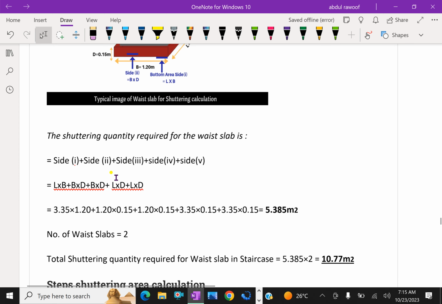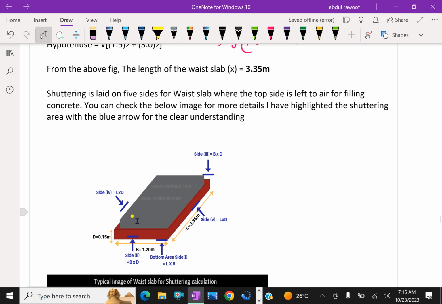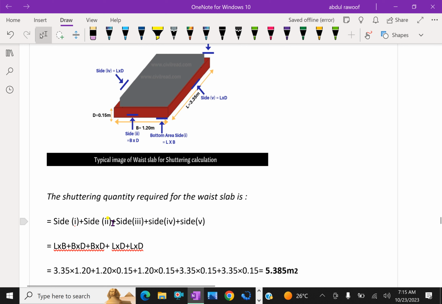Now each area: the bottom is L into B, length into breadth, full area. Then B into D, breadth into depth, and one more breadth into depth, and L into depth, and another L into depth. So totally 5 areas.